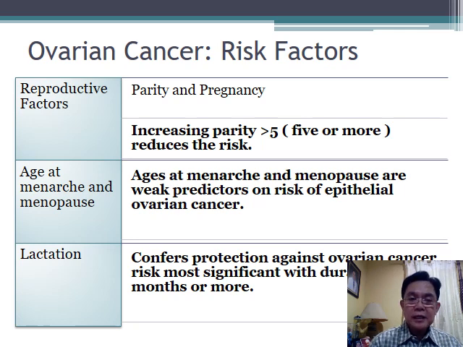Age at menarche and menopause are considered weak predictors of risk of epithelial ovarian cancer. If a woman has early menarche, maybe at age 10 or 11, that does not necessarily mean that she has a higher risk of developing ovarian cancer.